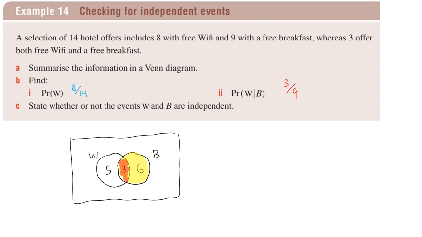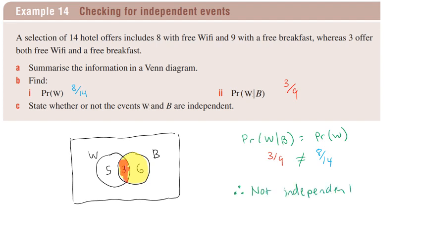State whether the events W and B are independent. So if I just write out the formula, which they've already pretty much written, these two things do not equal the same. So therefore, they are not independent. So the outcome of one influences the outcome of the other.